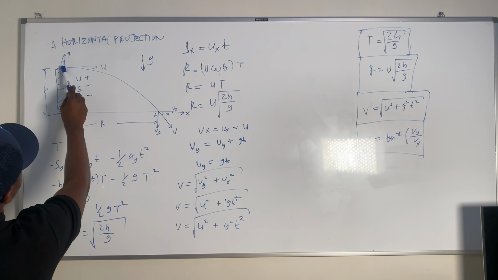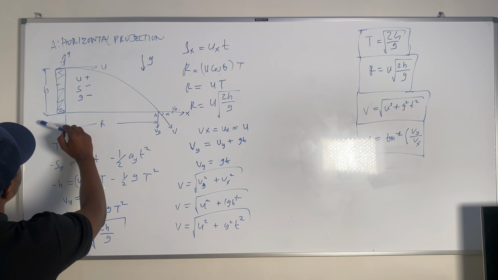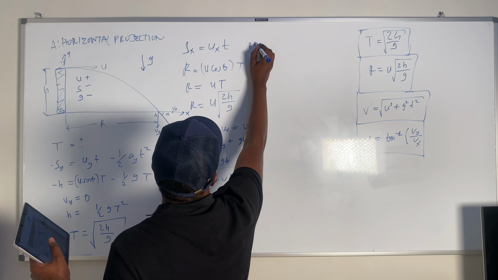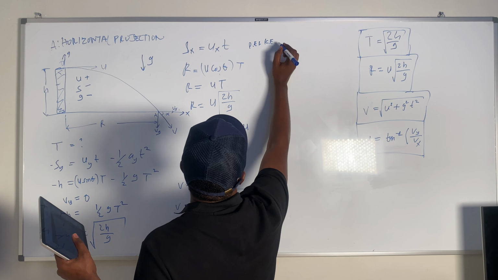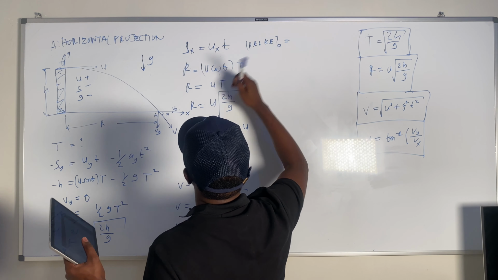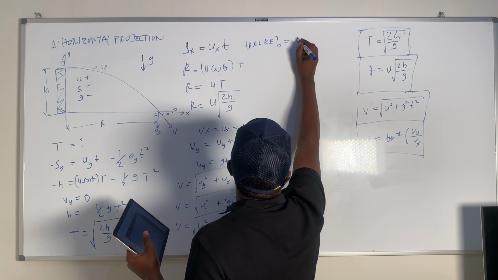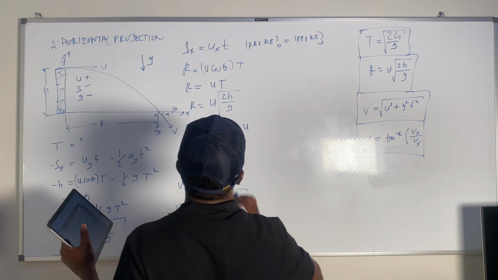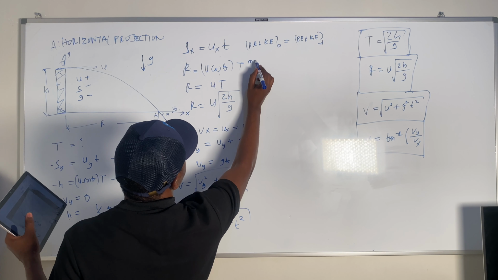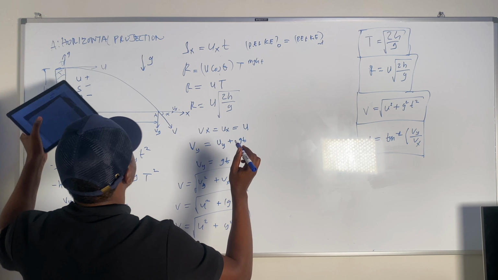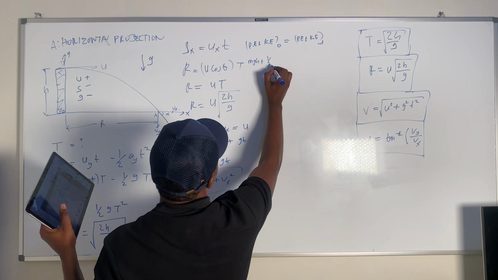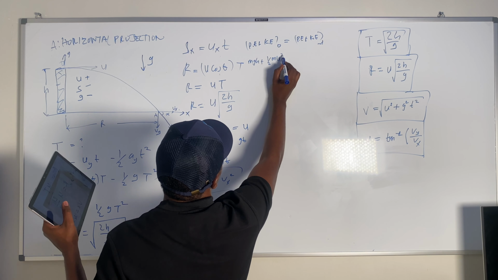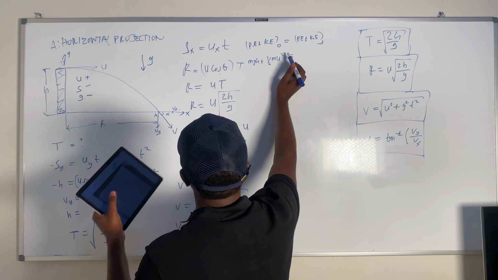When the object is at origin here, it has potential energy equal to mgh, plus kinetic energy at point O, which will be equal to the potential energy plus kinetic energy at point A. So mgh plus kinetic energy at this point where the projectile is fired with an initial velocity, half m u squared, will be equal to the potential energy at this point.